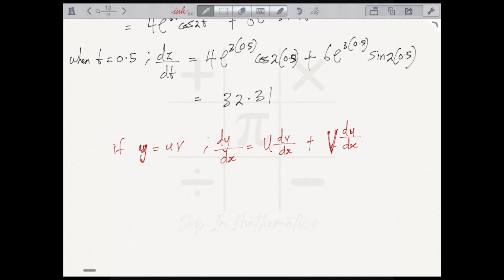In our next video, we'll be considering differentiation of a quotient, such that instead of having y equal to uv, we'll be having y equal to u divided by v.